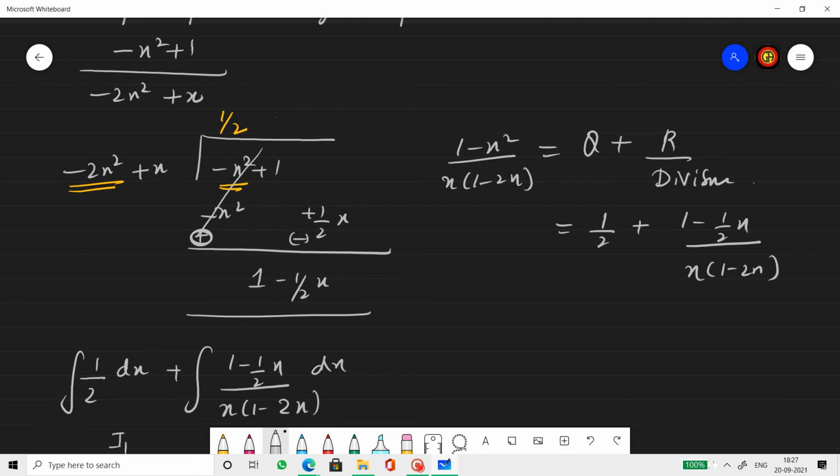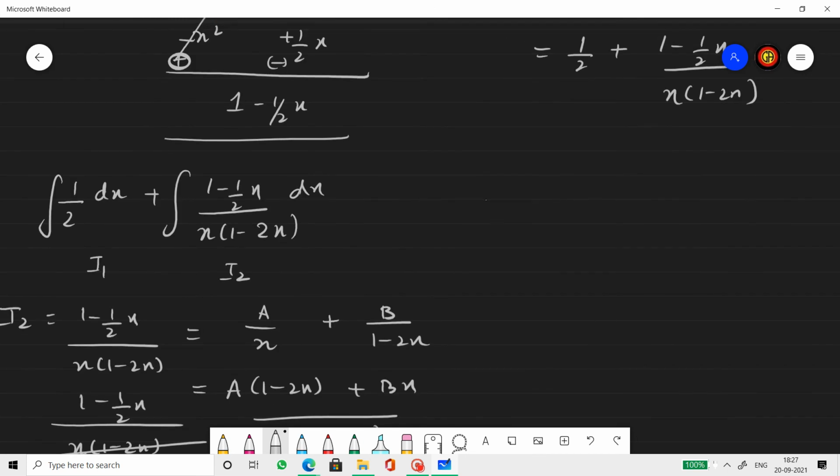So with one level of division, we come to a point where the remainder's degree is x power 1, whereas it's square here. So I'm stopping it right over here. So instead of writing like this, we can write this in a mixed form, which is quotient plus remainder by divisor. Quotient is 1 by 2. Remainder is 1 minus half x. And divisor is x into 1 minus 2x.